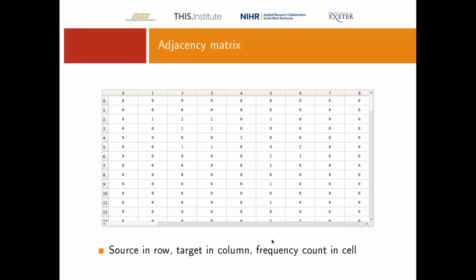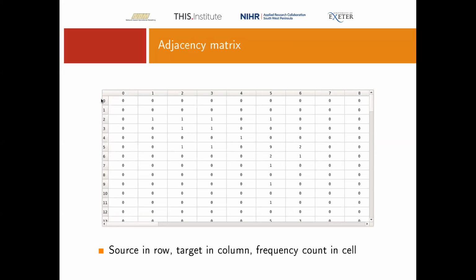So an adjacency matrix. What we have here is a two-dimensional array, and our rows represent our source node. Each one of these will represent an individual service team, and the columns represent the target.